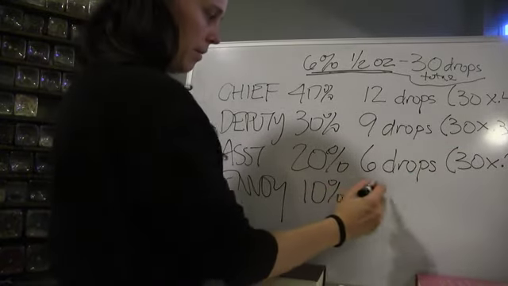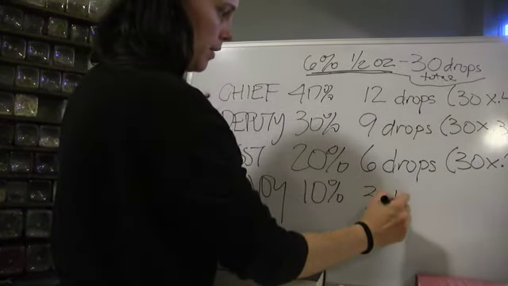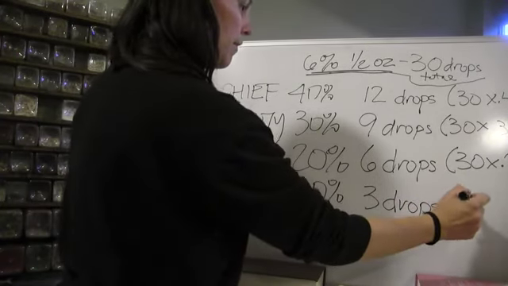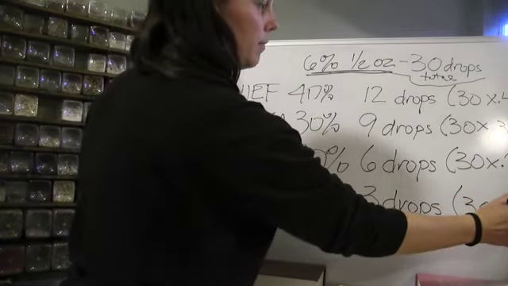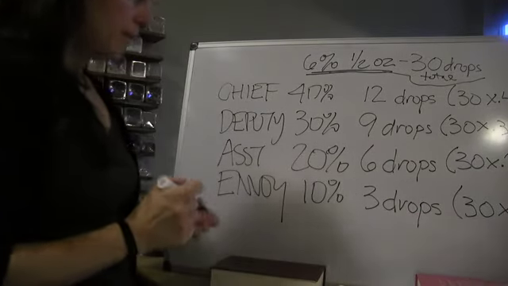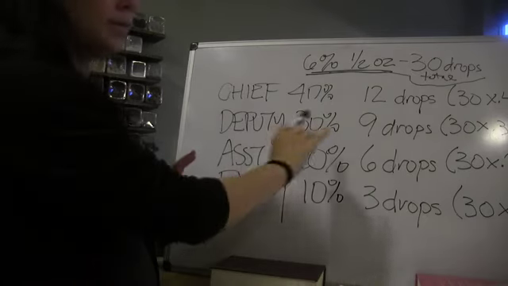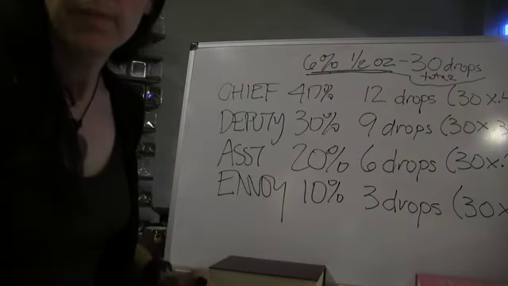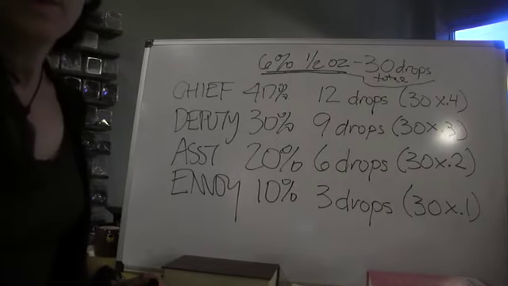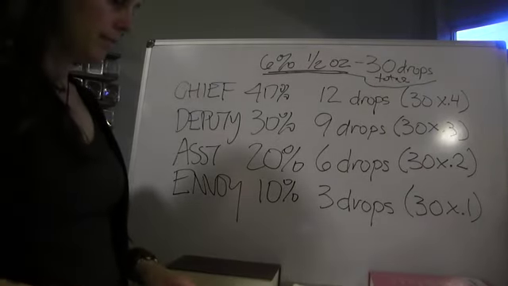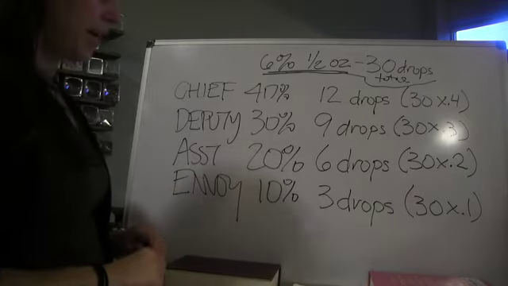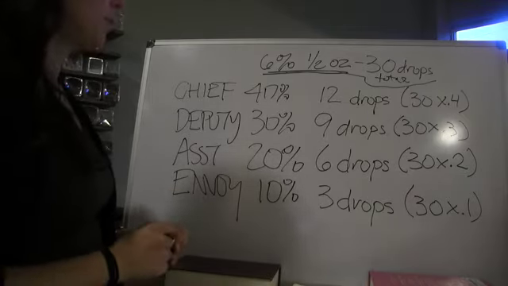And then we've got 3 drops of the Envoy, which makes up 10% of our formula, so that's 30 times 0.1. I hope you can see the whole board there. So this is the math of creating an essential oil formula.